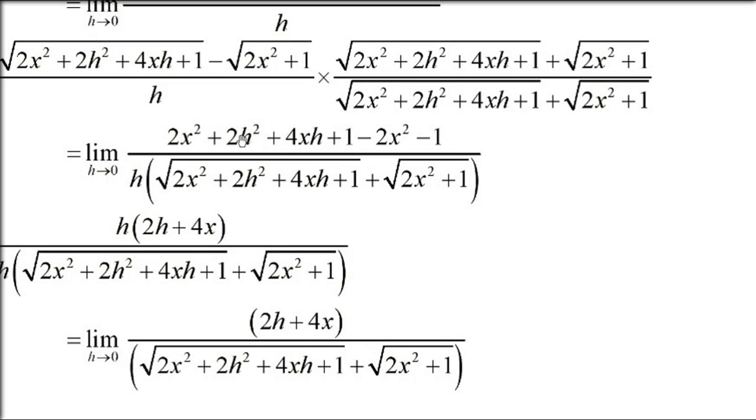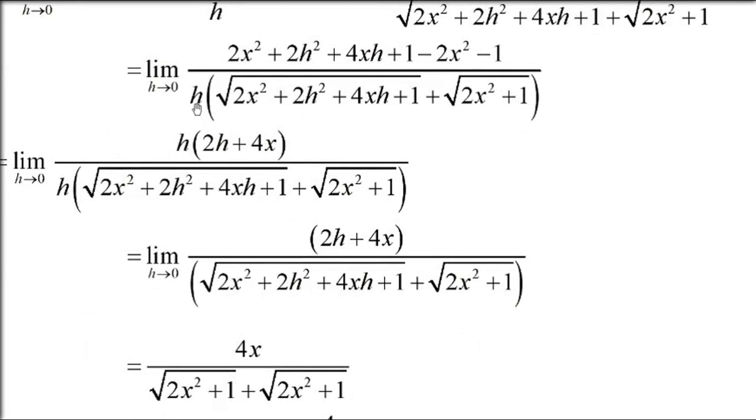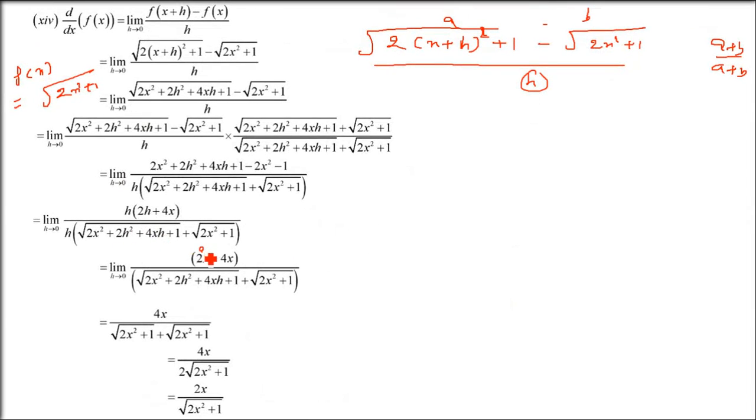So 2x square gets cancelled, 1 gets cancelled, only 2h square and 4xh will remain. You can take h common, 2h plus 4x will come. So h gets cancelled, 2h plus 4x, and whatever is in the denominator, don't worry, we'll put h as 0.